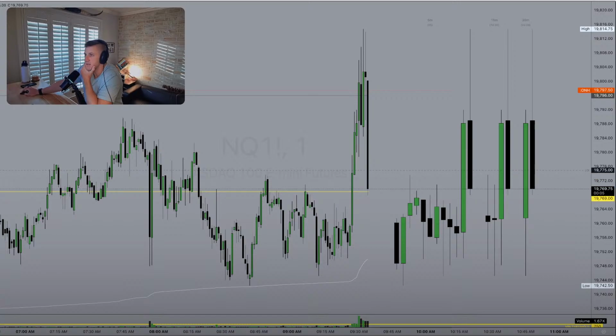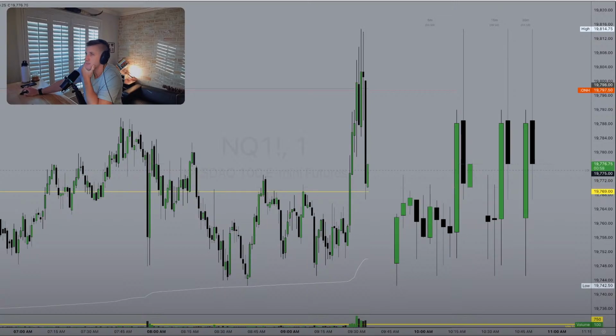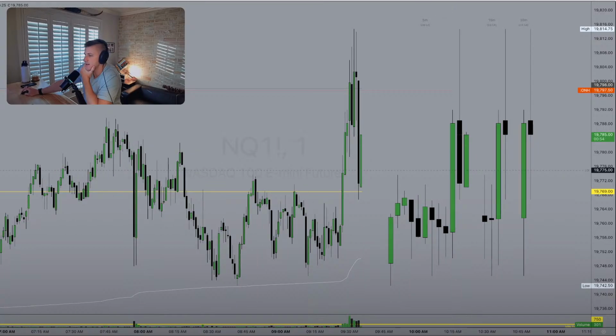So a little look above, and we're into session lows into 775. Into 19775 there.